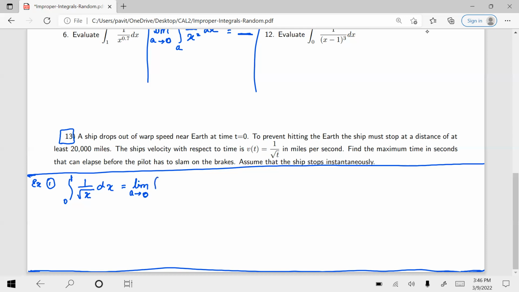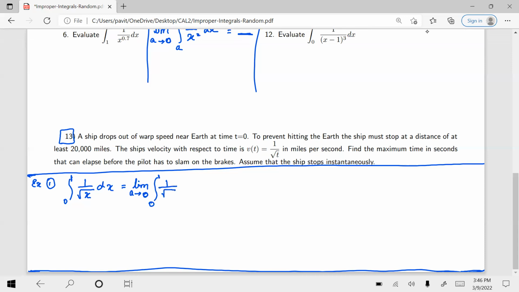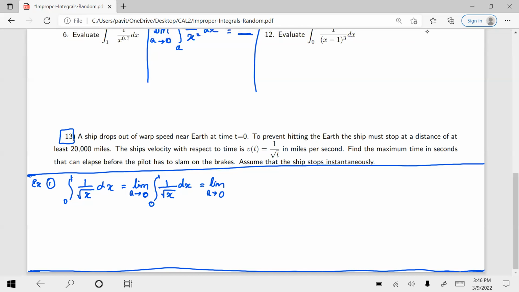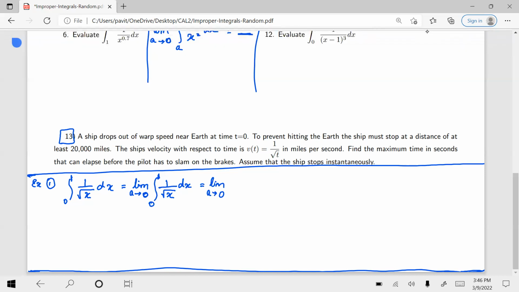Okay, now I'm going to solve from 0 to 1, 1 divided by square root of x into dx. Now do not worry about the limit. We just carry that on till the solution. Now let's solve what is the integral of 1 over square root of x. That will give me 2 square root of x from the limits.